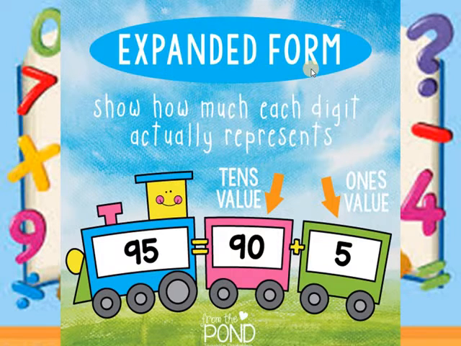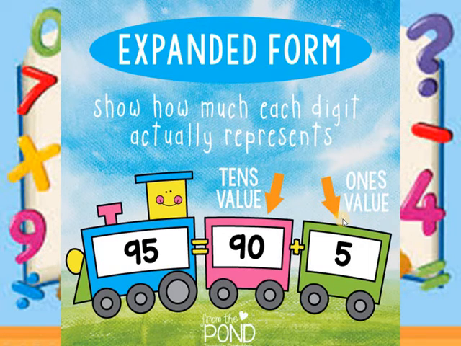We are going to learn the expanded form of double digit numbers, which shows how much each digit actually represents. Each digit means this is one single digit and this is a separate single digit. How much does it value? In this 95, how many tens are there? That is, how much does this 9 value and how much does this 5 value?